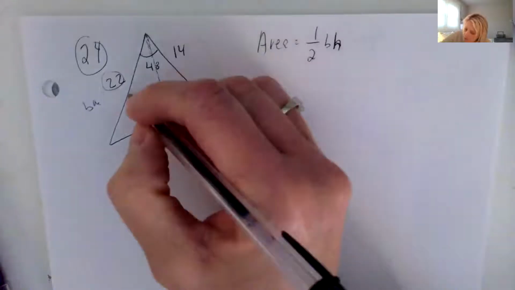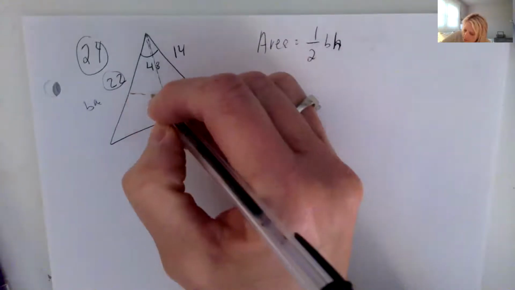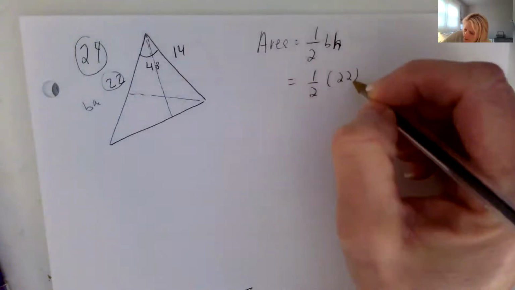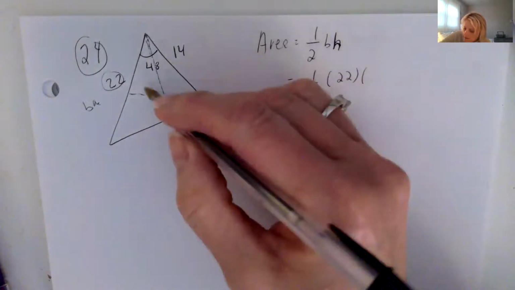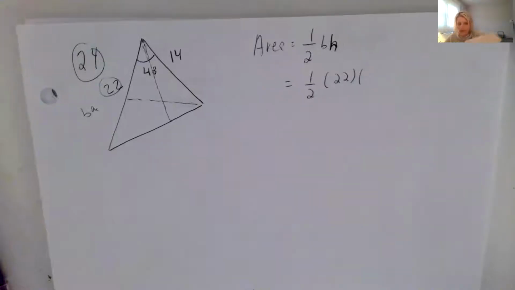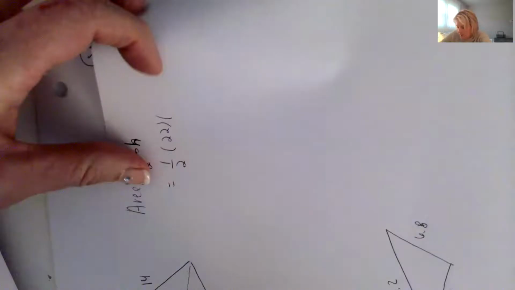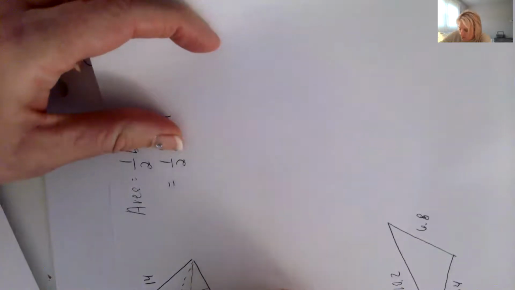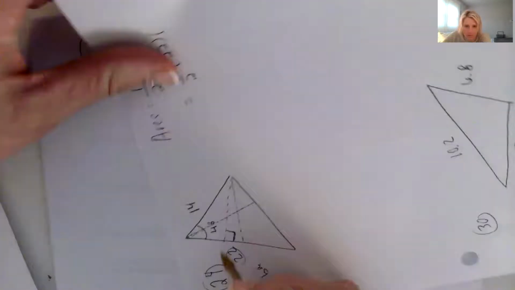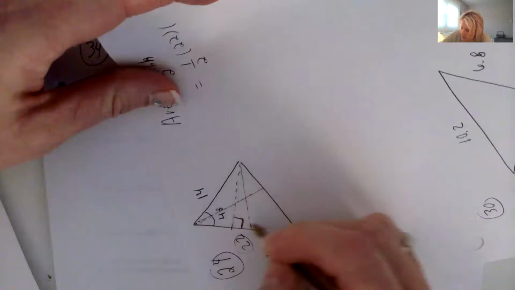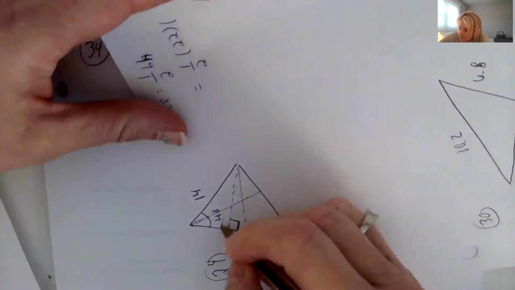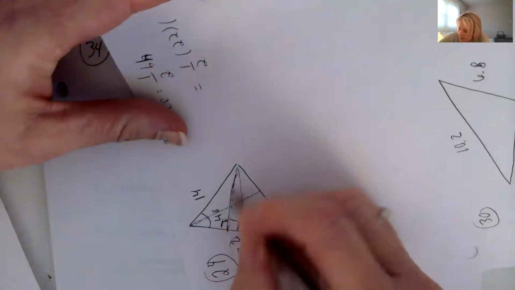So if we use this as our base, 22 is our base, we need to find our height. And so we just need to find this value here.